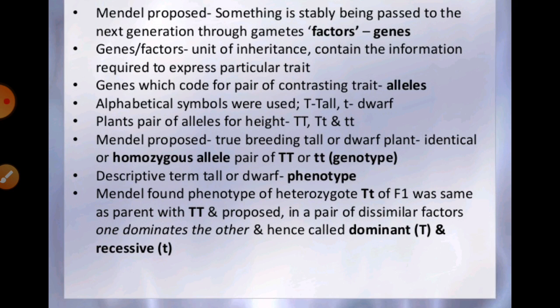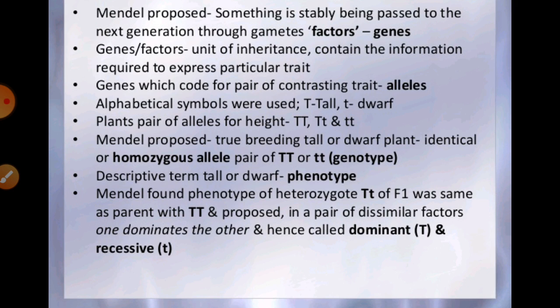If they slightly differ from each other, like capital T and small t, in that particular condition they act as allelomorphs. But while they are contrasting for the same character, in that condition they are known as alleles.